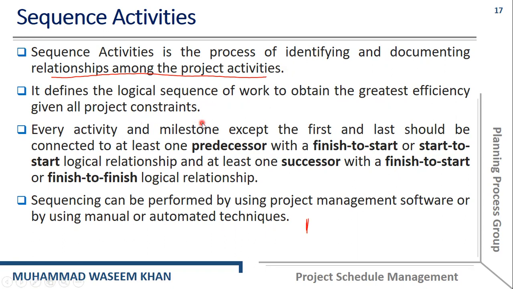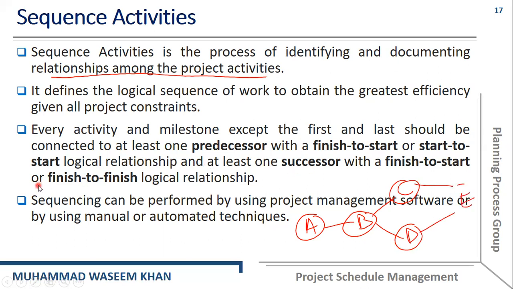Every activity and milestone except the first and last should connect to at least one predecessor with a finish to start or start to start logical relationship, and at least one successor with a finish to start or finish to finish logical relationship. Sequencing can be performed by using project management software or by using manual or automatic techniques.